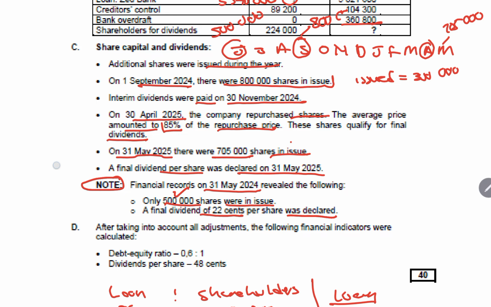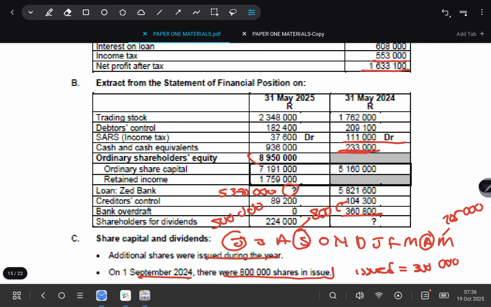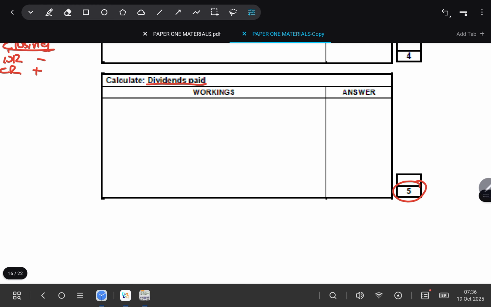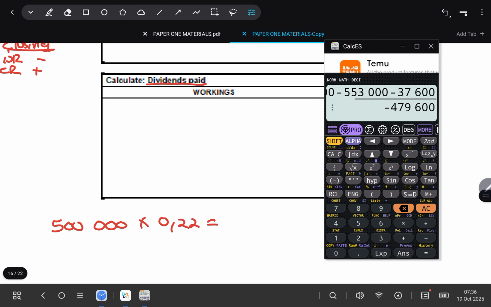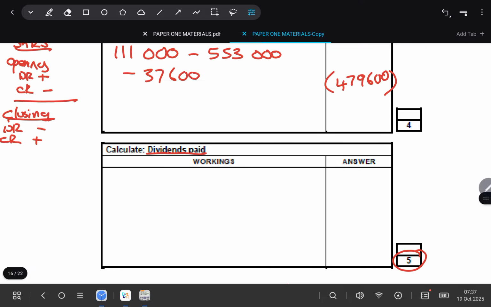So to get that declared, I'm going to go back to our answer book. So to get that declared, you are going to say 500,000 multiplied by 22 cents. It will give you declared from last year. Okay, so 500,000 multiplied by 22 cents gives us 110,000. So that's the first part that you were supposed to figure, which is 110,000.